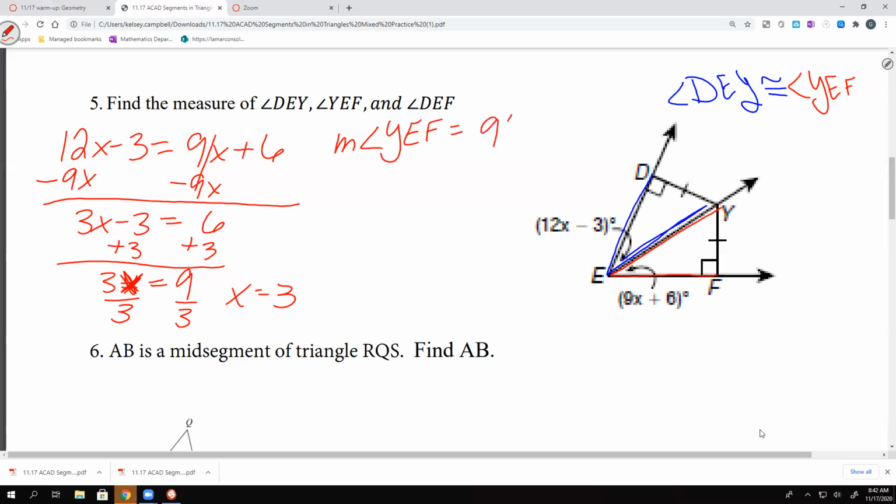So we do 9 times 3 plus 6. So what's 9 times 3? 27 plus 6, 33. Okay, so we get 33.